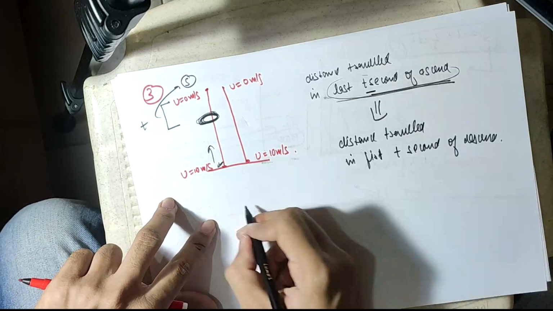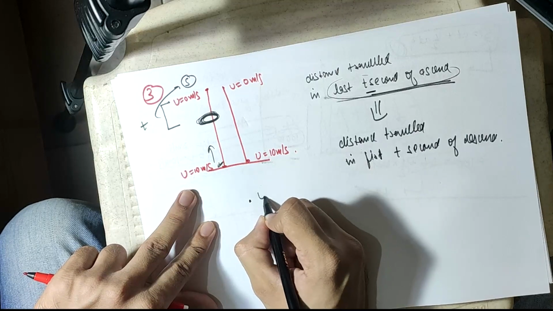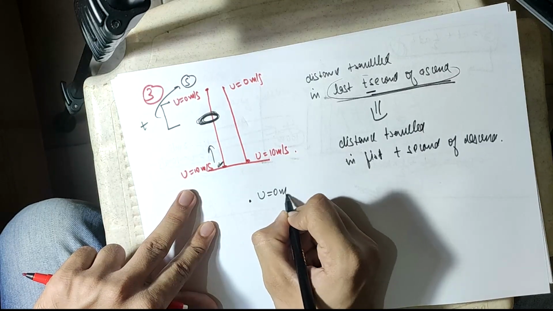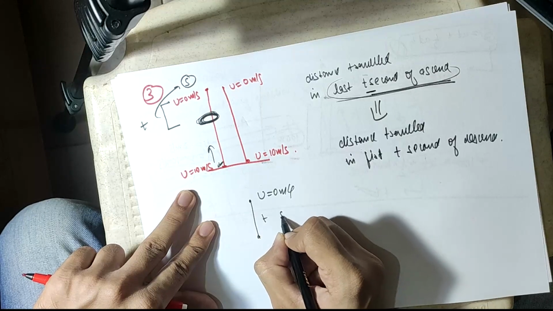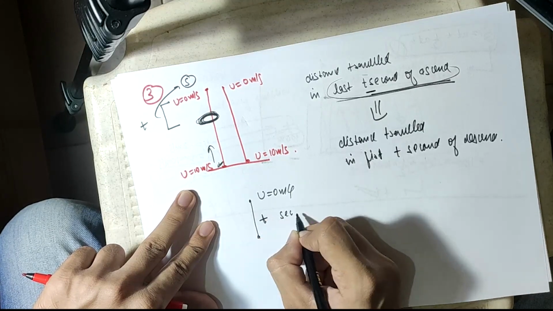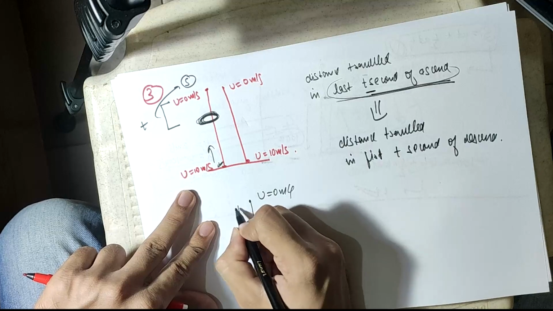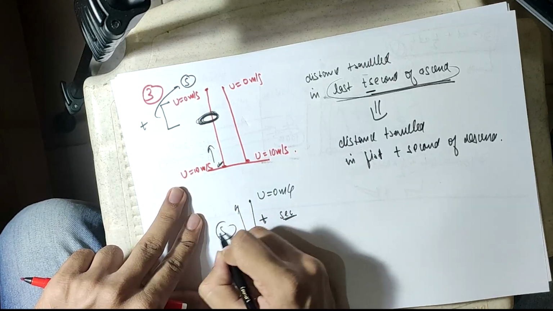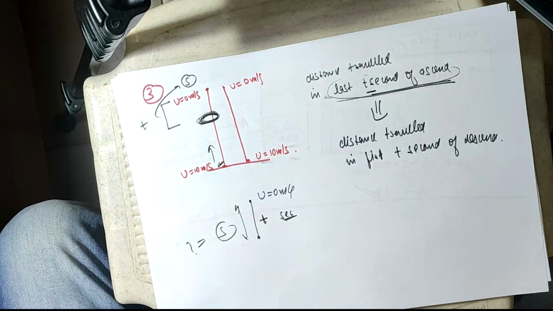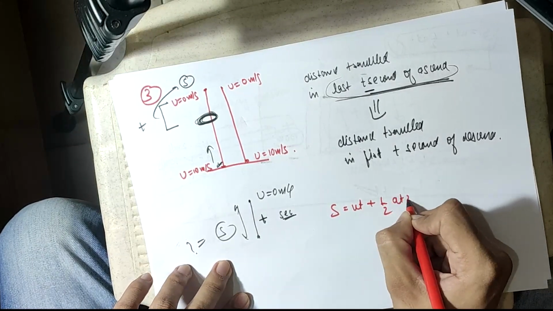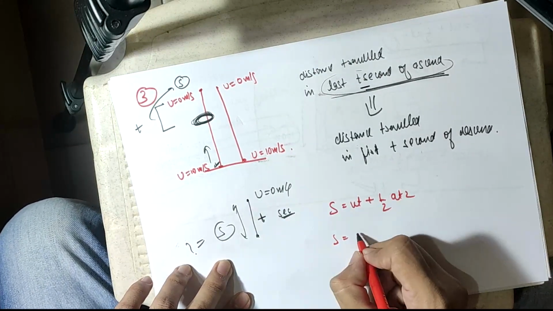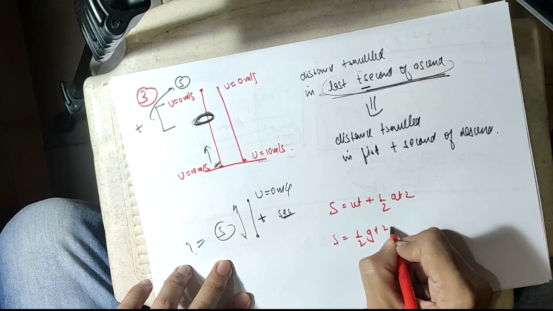Imagine a particle is freely falling, means u is equal to 0 meter per second, and after t seconds you have to find the distance s. See, it's very simple. S is equal to ut plus half at square. S is equal to, u is 0, half g t square.